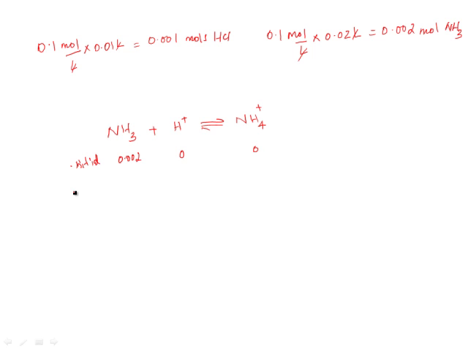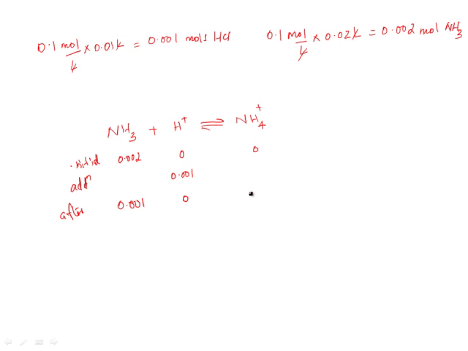Then we are adding, so the addition is 0.001 moles of H plus. So after the addition, what are we left with? Again a 1:1 mole ratio. So from 0.002, 0.001 is used for the reaction. So what is left is 0.001, right? And no H plus. And how much ammonium ion will form?